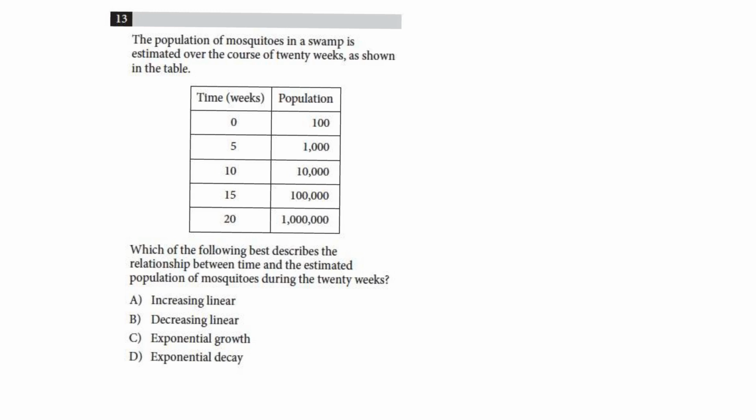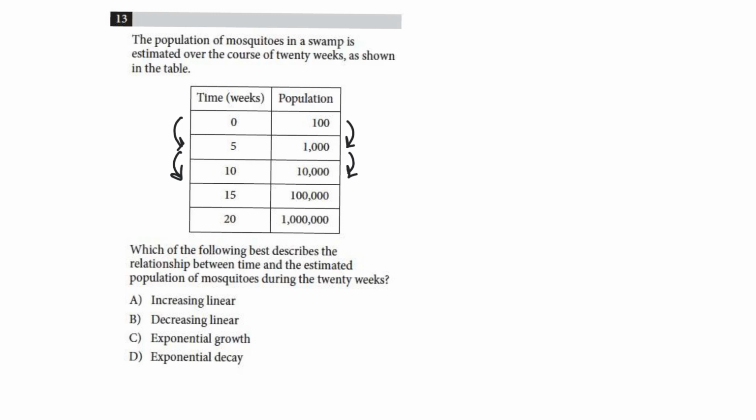Well, let's start with, is it linear? If it's a linear relationship, that means that for every constant change in the input, which it looks like is five weeks, we would have a constant change in the output.